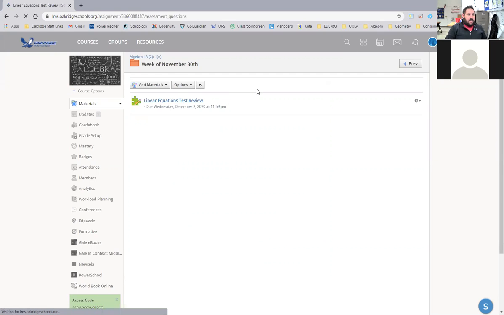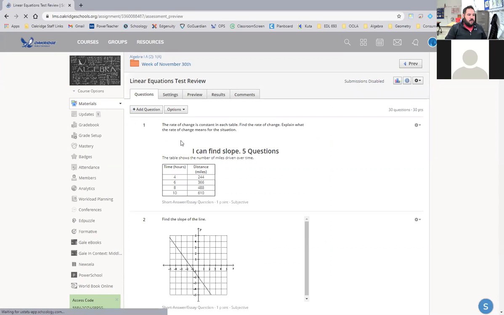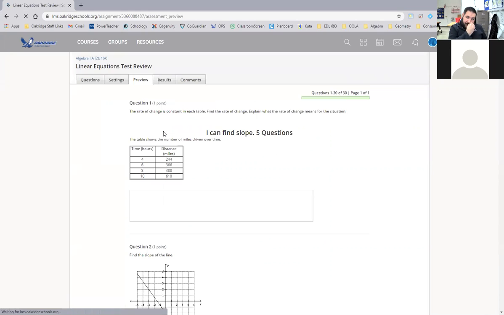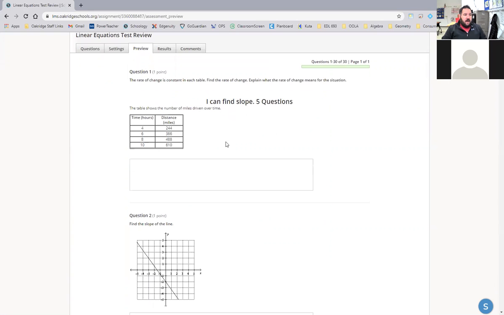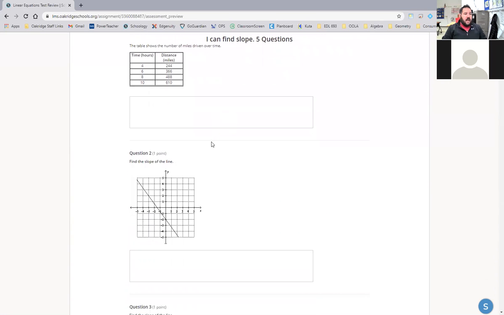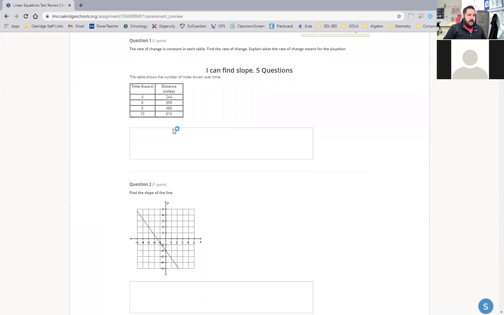I've got to get into a different view of it. And it's going to look like this. Now, your test is going to look like this as well. However, as always, most of your test will have multiple choice stuff on it as well.